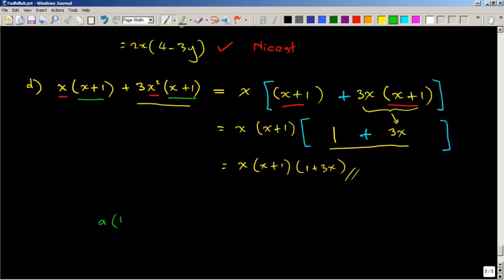A, B plus C. Ini bersama dengan berapa? Can you tell me? Kalau A, you multiply with B plus C, apa jawapan dah? If you expand. AB plus AC.